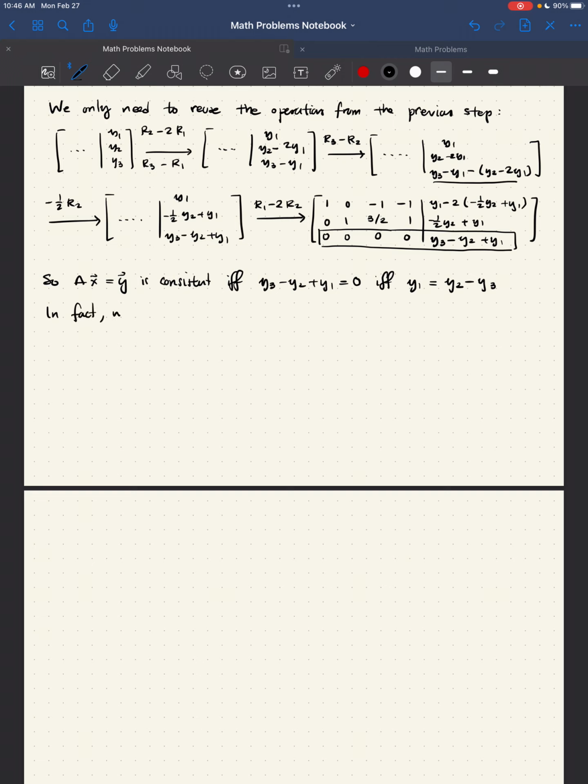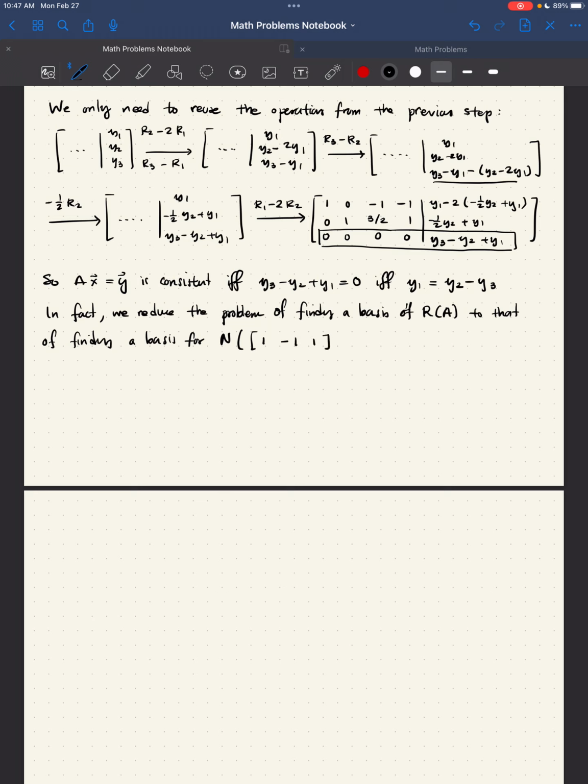Now, in fact, we reduce the problem of finding a basis of R(A), the range of A, to that of finding a basis for the null space of this row matrix 1, negative 1, 1.